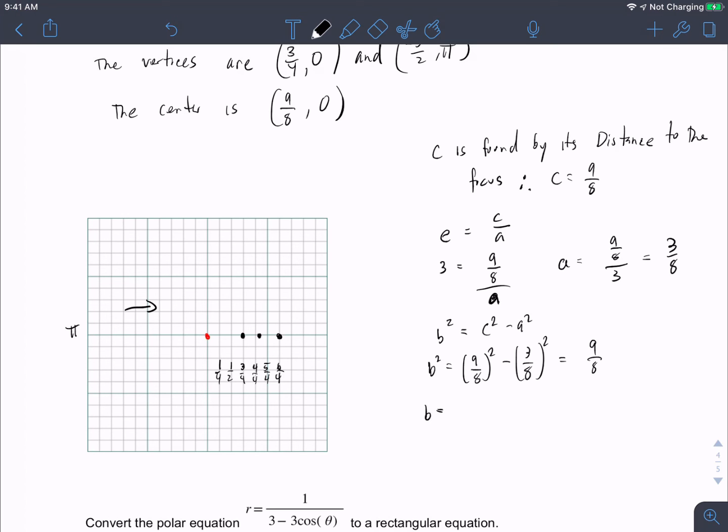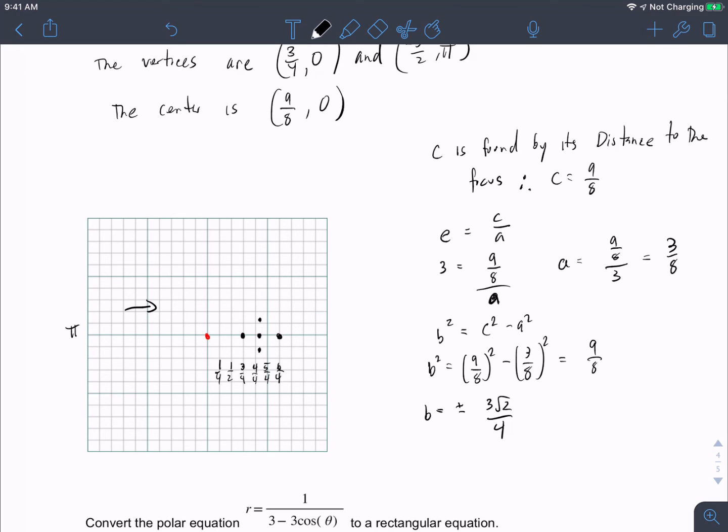But b is going to be equal to plus or minus 3 radical 2 over 4. And that's just over 1. And so that's going to be a distance about right there and a distance of about there.